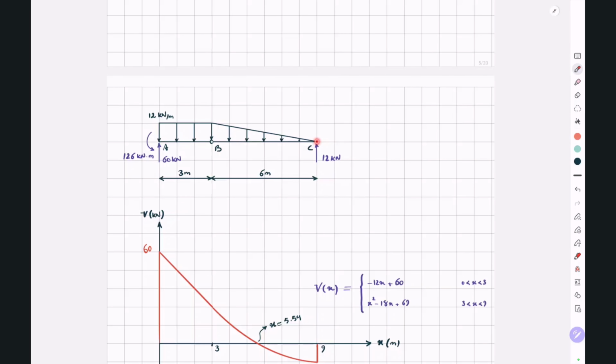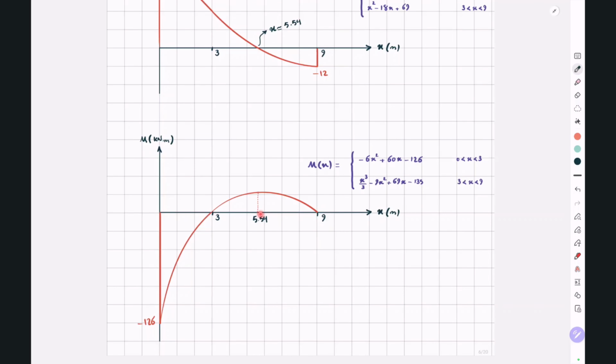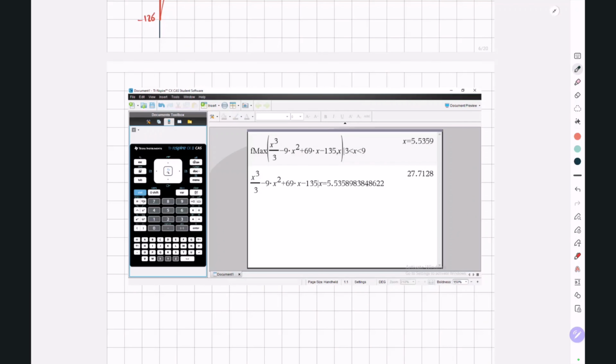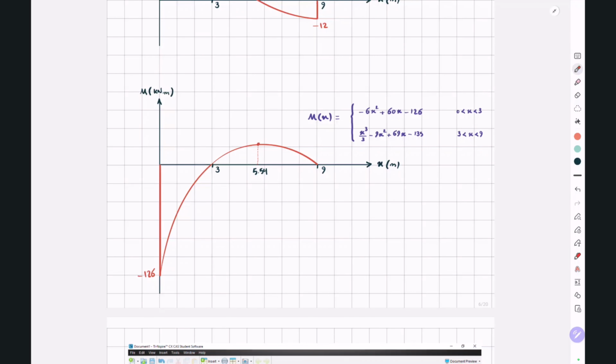So this is where your maximum happens, and it's 5.54, which is the same value as this x here, where we had a shear force equal to 0. And now, if we put this x in this equation, we will get a bending moment approximately equal to 27.72 kilonewton meter.